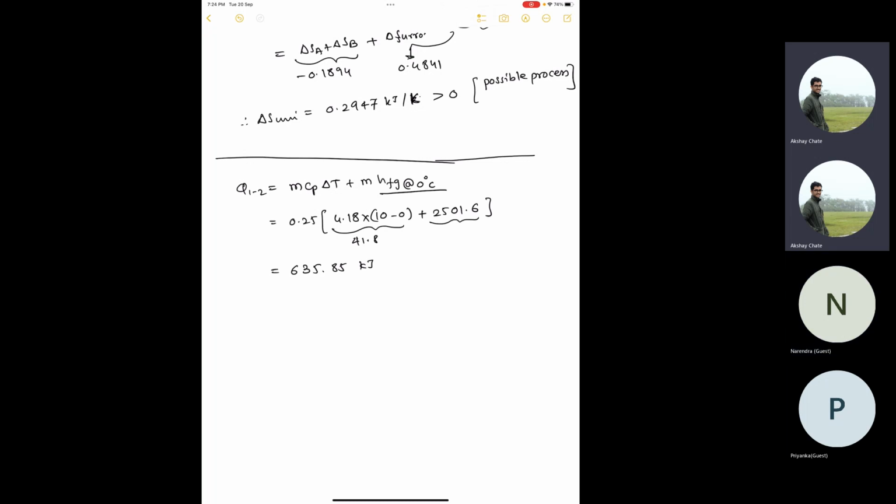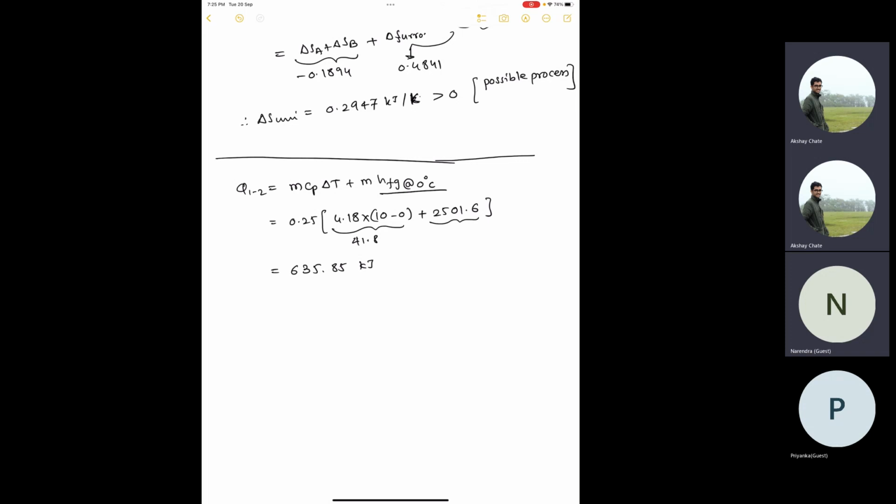Sir, hello, sir. I have calculated and I got the same answer. The temperature is given at 10 degrees, so you'll get the hf value at 10 degrees centigrade plus the latent heat of fusion, that is 333.6.